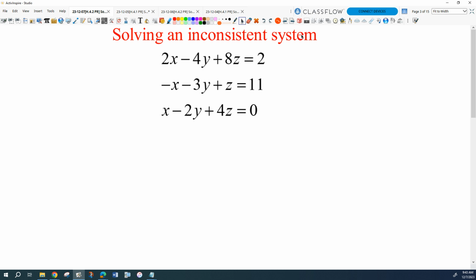So one thing we could do is we could just leave these two equations as is.